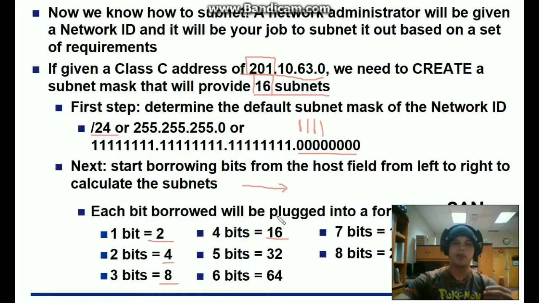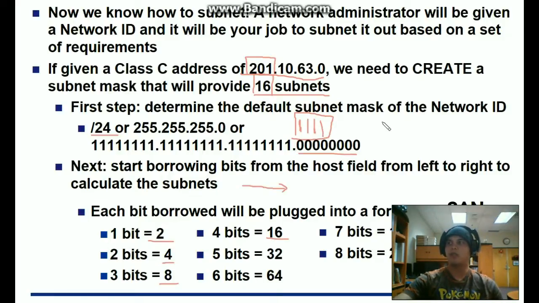So, now that we were borrowing bits, what is our new subnet mask for that? You just add that up. We already know that the first 3 octets are 255.255.255. Now we have some 1s in the 4th octet. What does that mean? Just add that up. 128, 64, 32, 16.